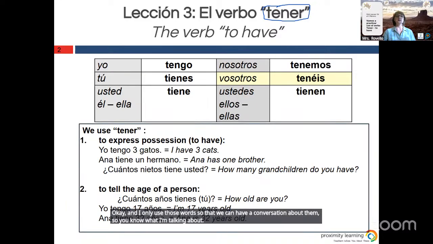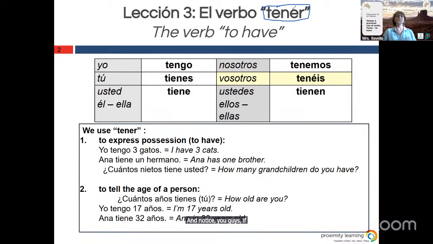And notice, you guys, if we were to remove this ER, because we're going to call this an ER verb because it ends in ER, right? So if I get rid of this ER, then that leaves me, this is super important, with this TEN, and we're going to call that the root or the stem. Either word is fine.